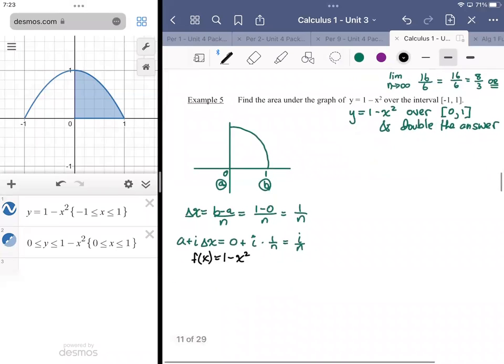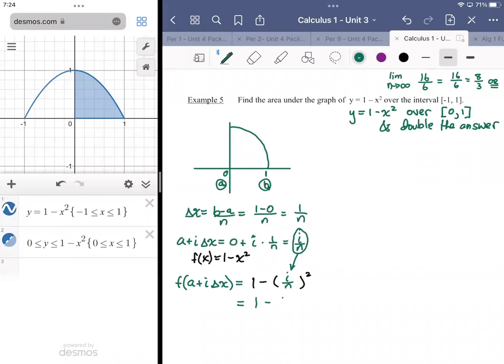All right, so just kind of keeping that in mind, because my next step is to find f of a plus I delta x, which means take the x value in your function and replace it with a plus I delta x, which in this case is I over N. So then we would simplify being the word of the day. The 1 minus I squared over N squared.